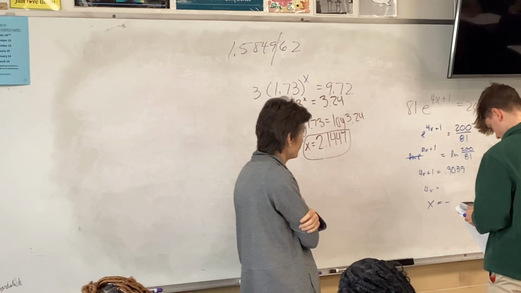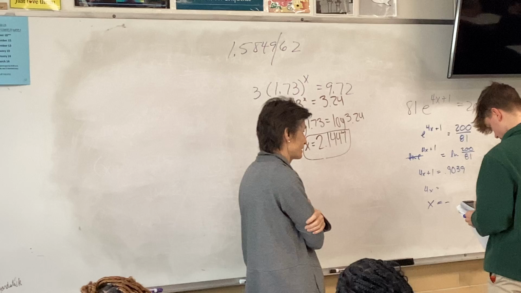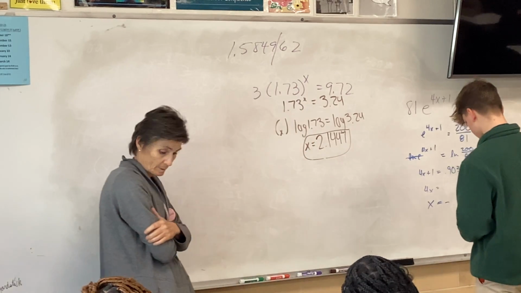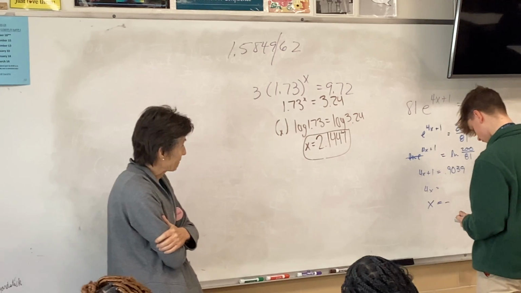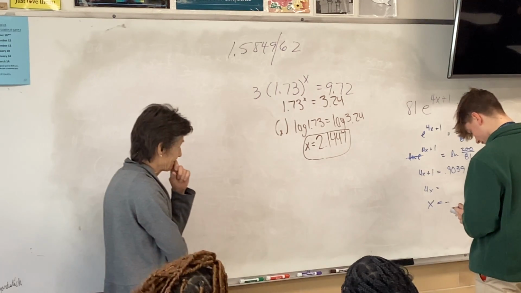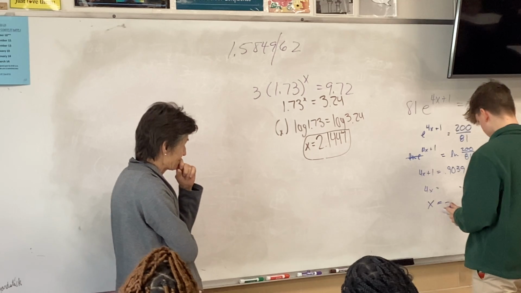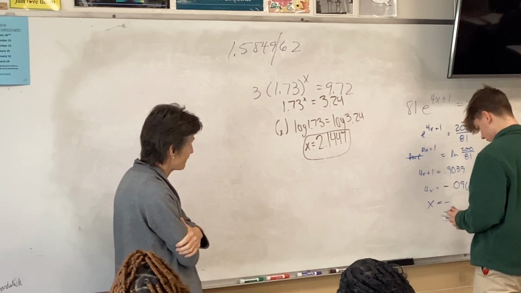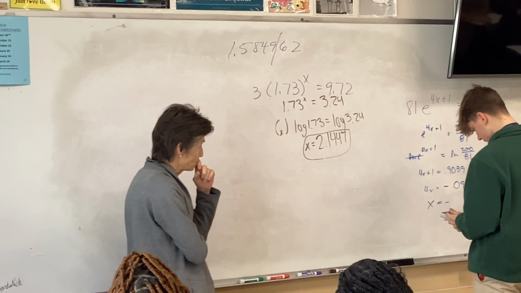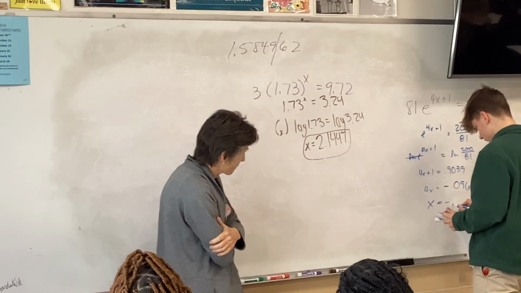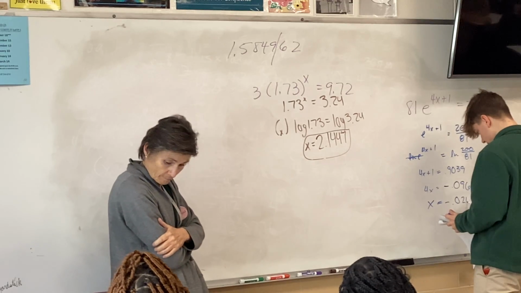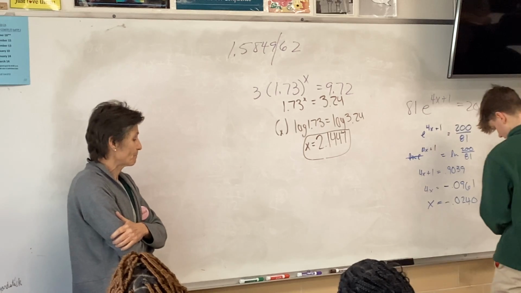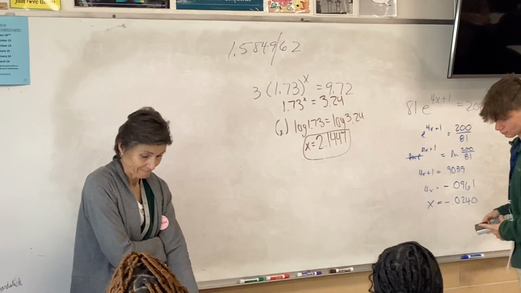You get negative 29.6 more, then divide that by 4. Yep, that's what I got. Perfect, perfect, perfect. Thank you.